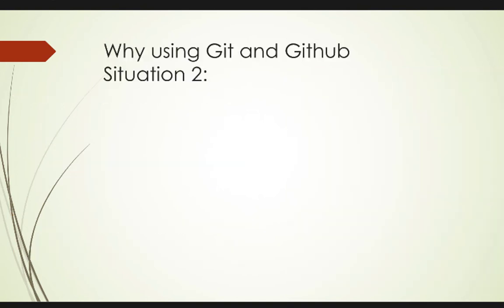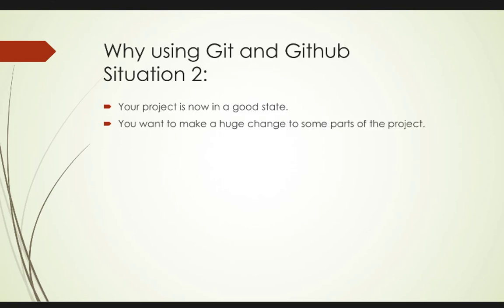And there is another situation in which you're working on a project. Let's say you are coding, and the project is in a good state, everything runs perfectly, and then you decide to make a huge change to the project, like writing something complex, and you start changing the file.